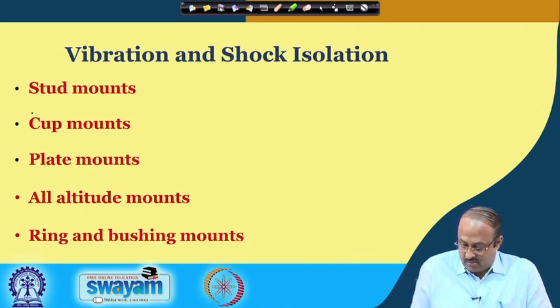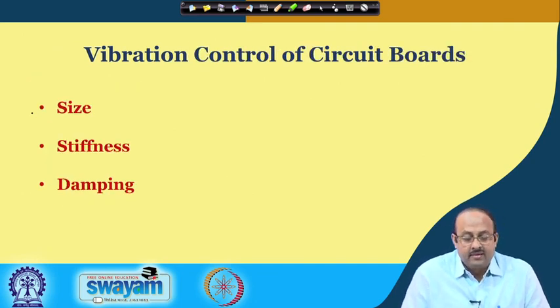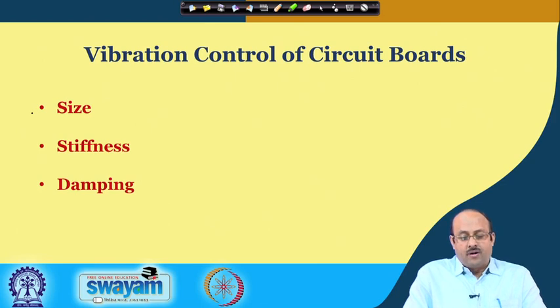Now, we come to a very important point. So, here what we have done is that we have placed an isolator between the equipment and the supporting structure, but this reduces the level of vibration coming from the structure, but still there will be some vibration which will come to the equipment, and our task will be then to reduce the level of vibration.